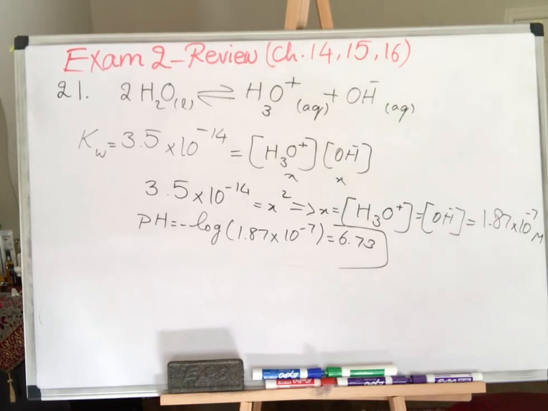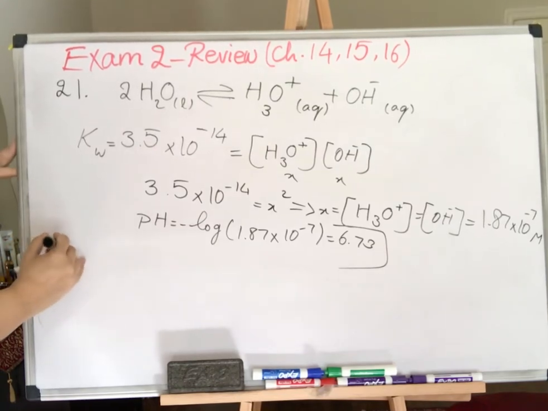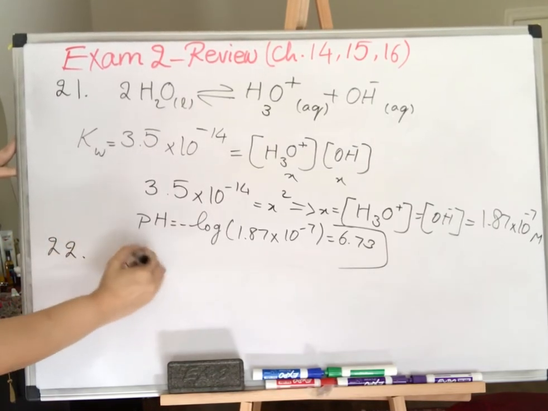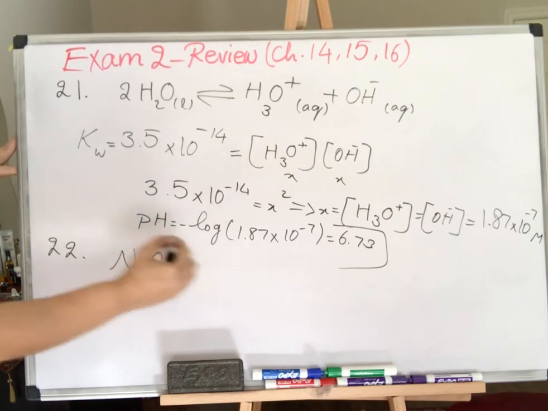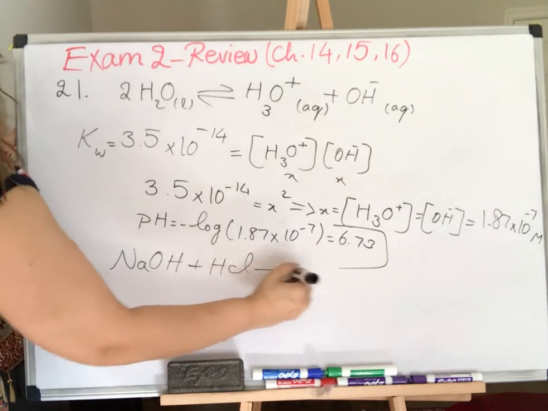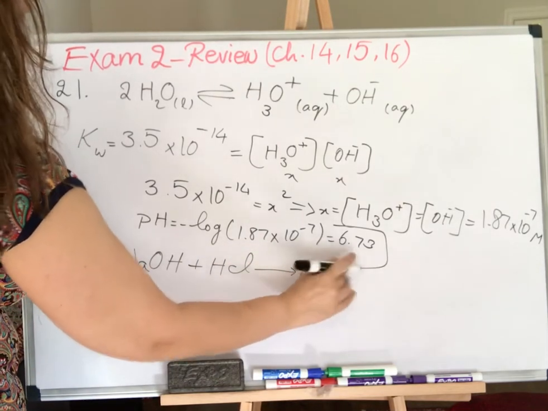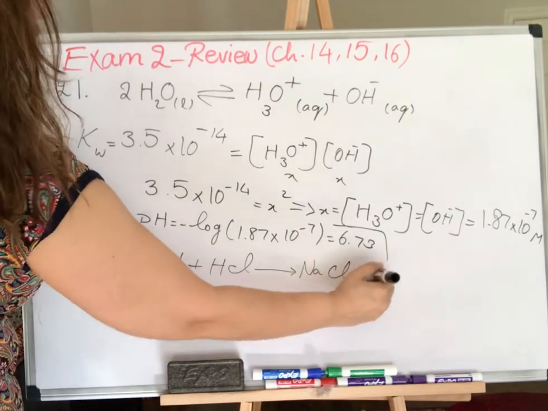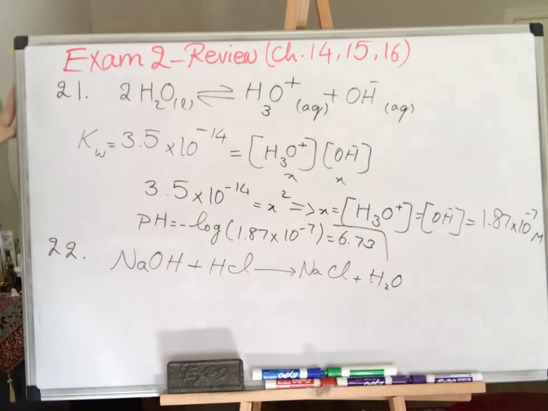Question number 22. What is the hydronium ion concentration in a solution formed by combining NaOH to HCl to give NaCl and H2O? It's not the equilibrium anymore.